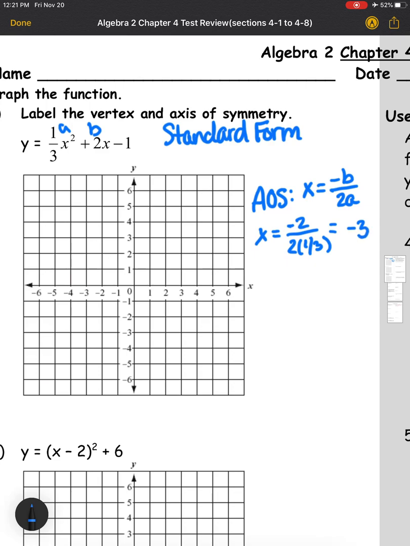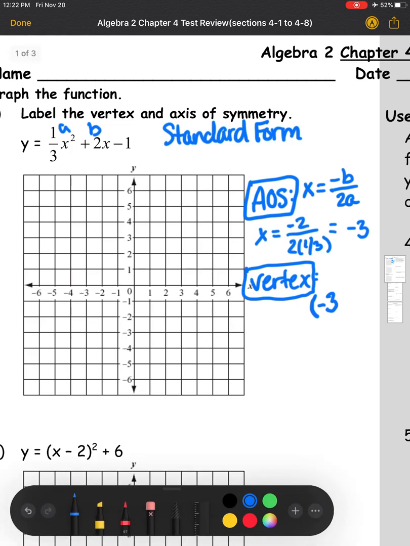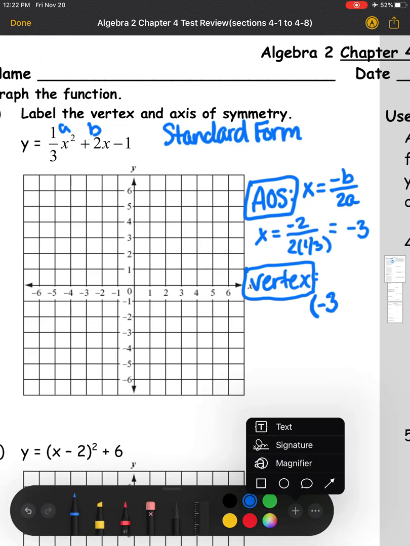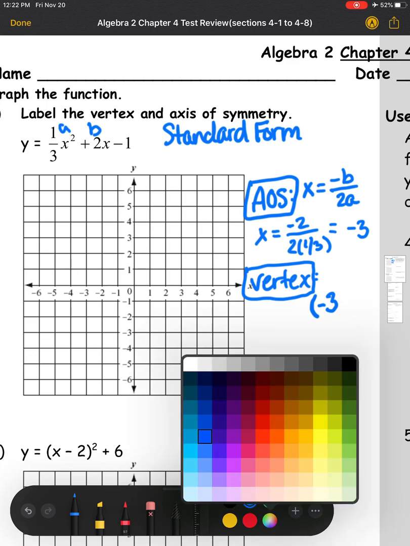We also need a vertex, so that was the first thing we needed. The second thing we need is a vertex. And remember, a vertex is just a point, x, y, where x goes first. Well, we just figured that out, that was negative 3. But to get the y, I'm going to need to plug in my x value and see what I get back for y.